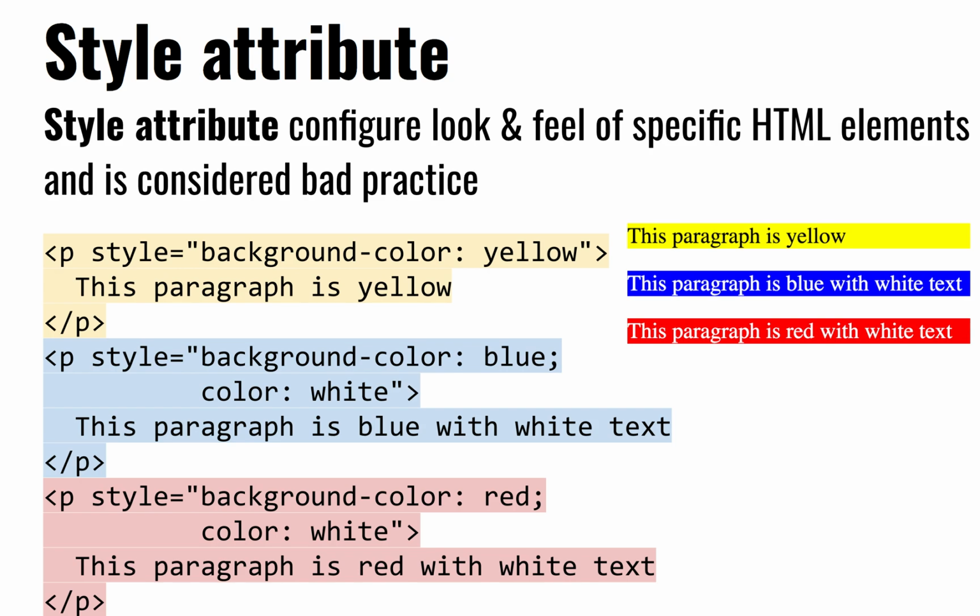Even though I mentioned that the style attribute, being applied to the element itself, is a bad practice, nevertheless you'll find in examples like this, in demos, that we will be using the style attribute.